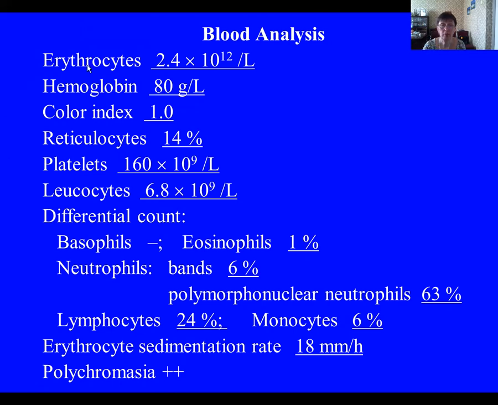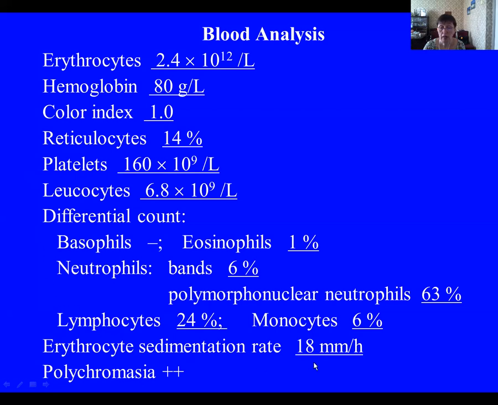In such type of anemia, we see that erythrocytes and hemoglobin are rather low, but the color index shows us that this anemia is normochromic. And we see an increased amount of reticulocytes, which means that regeneration goes on. And we also see slightly diminished platelets, maybe the result of hemorrhage.